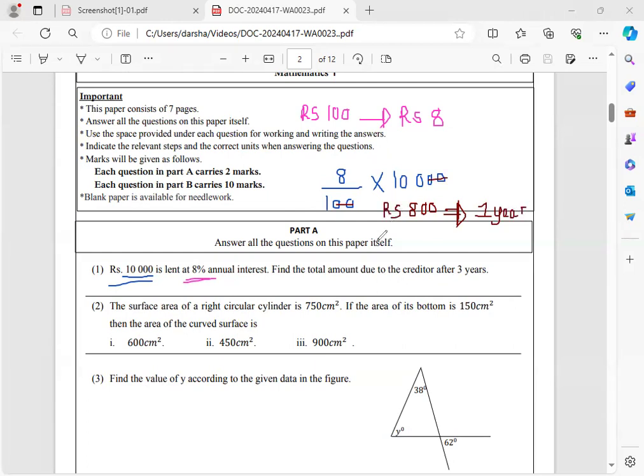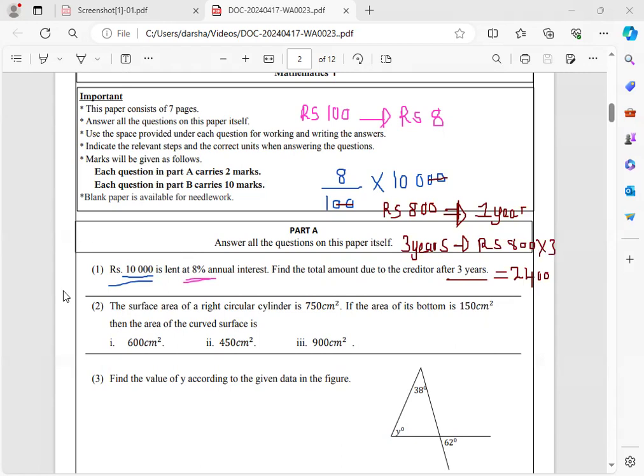They are asking for the total amount due after 3 years. For 1 year the interest is 800, so for 3 years it will be triple that value. Rs 800 multiplied by 3 is 2,400.